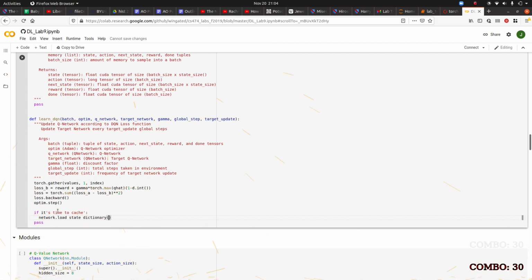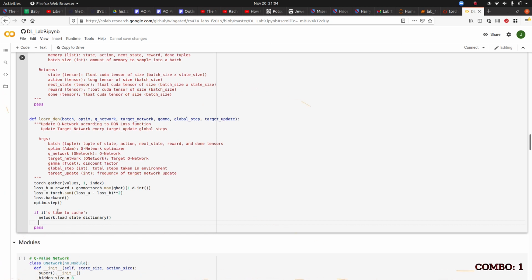You'll have to look up this function to see how it works, and the dictionary that we're going to be loading will come from the other network's state dictionary. These are not actually the functions. I'm intentionally just telling you what they are, but I want you to go look up the functions yourself, so you can see exactly how they work and figure this out.